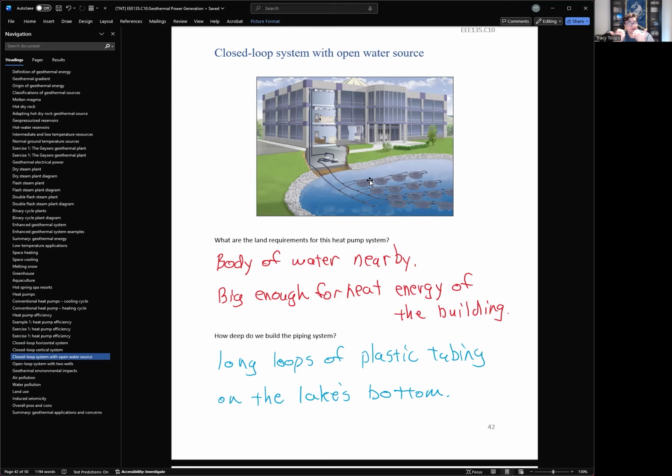In the winter, the water is going to be warmer than the outside air, and we're going to pump the heat from the water through the pipes into our complex. Okay. So it's just a large body of water as a stable temperature source, and we're using it to our benefit. Okay.